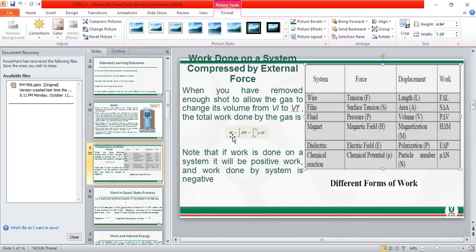Can you see the difference? If work is done on a system, it's as if someone is serving you a plate, you are not consuming your energy now. So it is positive work. And if work is done by a system, if you do work, that means you will expend some energy. That is why it is negative. Do you get the analogy now?